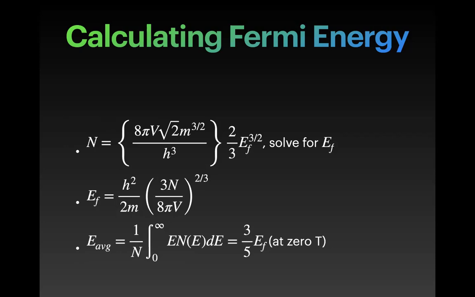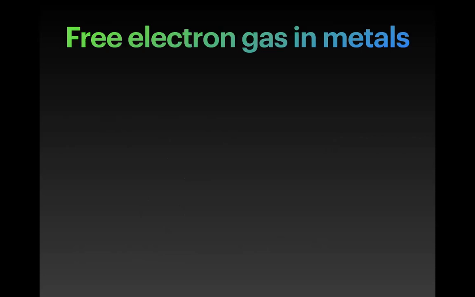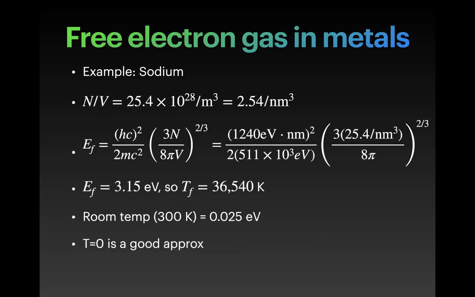So we've already made some use of it just as a given, but now we were able to calculate or derive it. Another example where we can use this is the conduction electrons in a metal. We can treat them as a free gas of electrons.